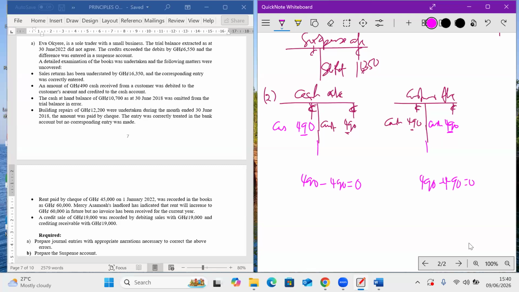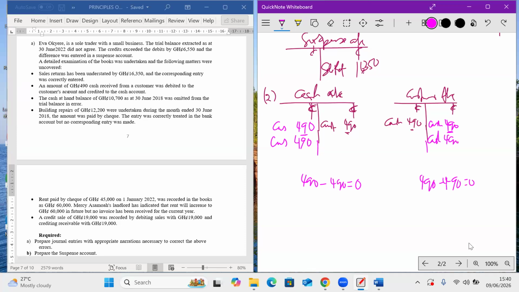No. So what do we do? We bring another. This is called the error of complete reversal. You reverse everything. So here is 490. You repeat 490 again. Where is it coming from? Customer. Then you go to the double entry, credit side, 490 in the customer. Where is it coming from? Cash.